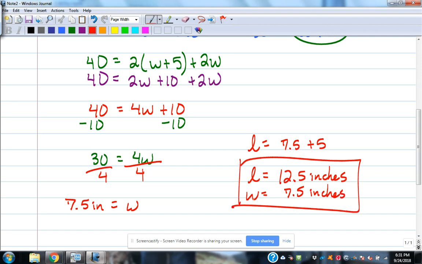There's my dimensions, length and width. In that particular case. All right. Perimeter problem. Not terribly difficult. That kind of process.